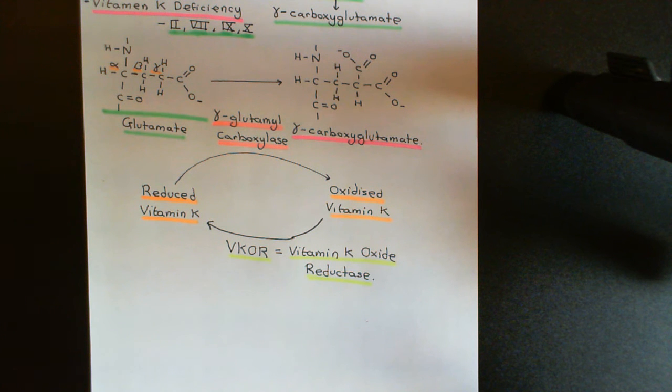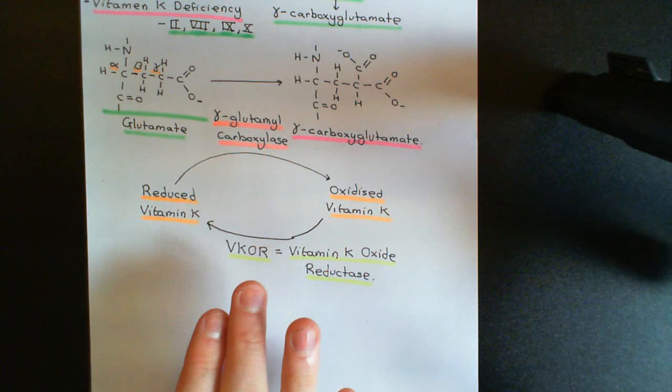So if 2 is not functioning properly, then the intrinsic and extrinsic pathways are going to be hugely weakened. Therefore your conversion of fibrinogen into a fibrin mesh is hugely compromised, and therefore your hemostatic plugs are going to be compromised in their strength, and you're going to have problems preventing hemorrhage from your broken blood vessel. So that's why vitamin K deficiency is going to lead to problems with the hemostatic process.